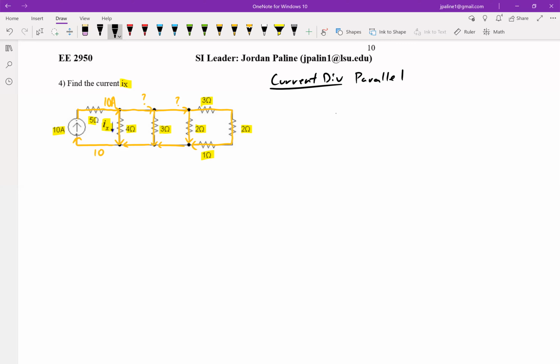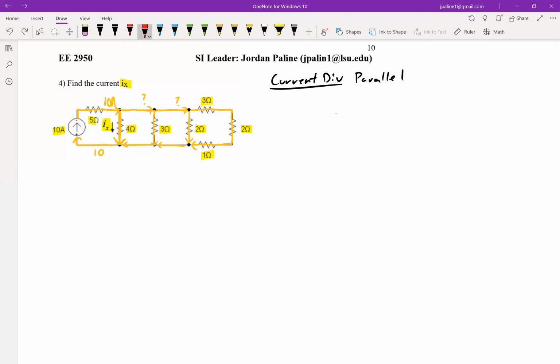Since we only care about this one branch here, what we need to do is get something in parallel with this branch. Looking at the circuit, we've got a little bit of massaging to do before we can get it to exactly parallel. But those steps are pretty straightforward. So let's give that a shot.